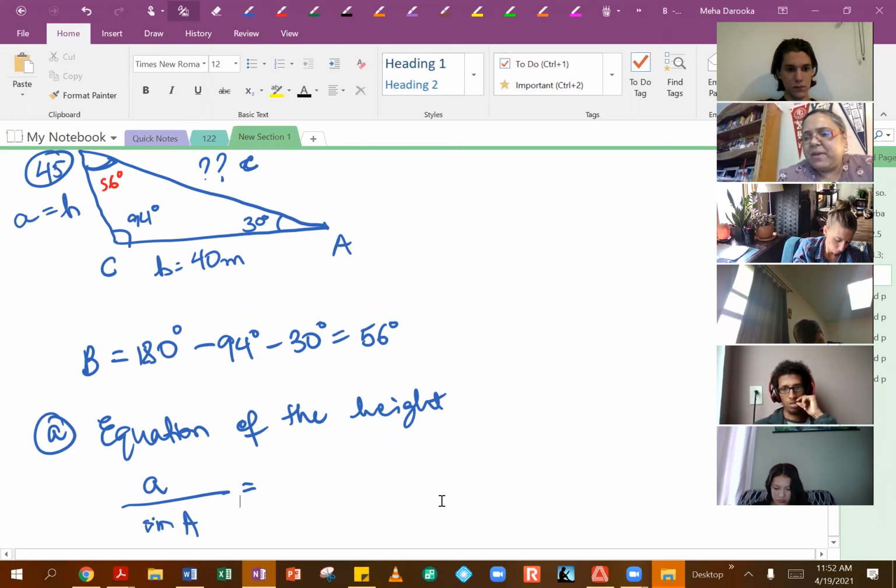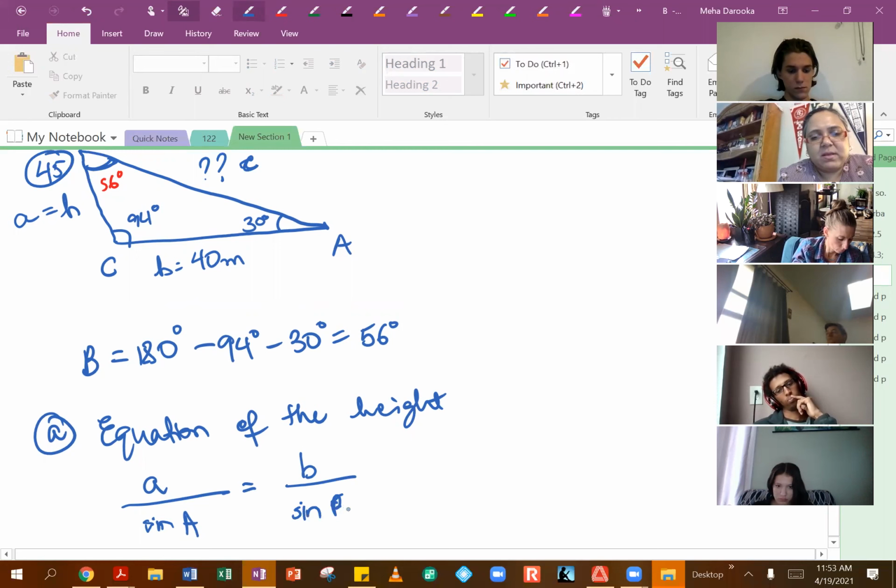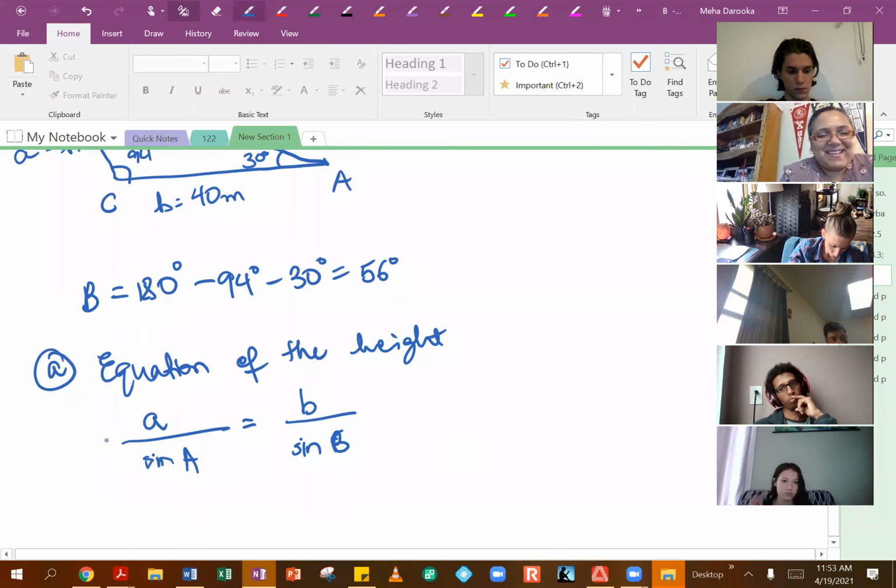Because that's the 40 meters side, right? That we know. So yeah, that would be side B, and then we found angle B, so of course that will come in handy. Go ahead, Scotty. And then you're gonna move your sine of A over to the other side. Very nice. Yeah, so that we can isolate the side A. Very good. So move the sine of A to the other side.